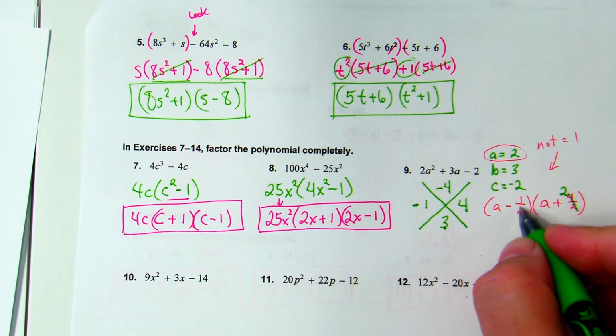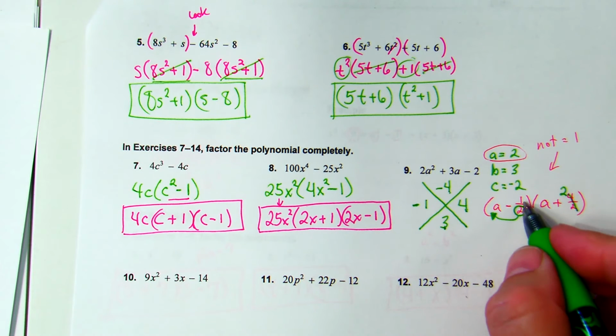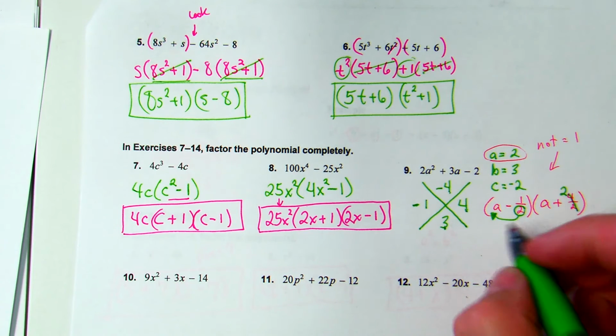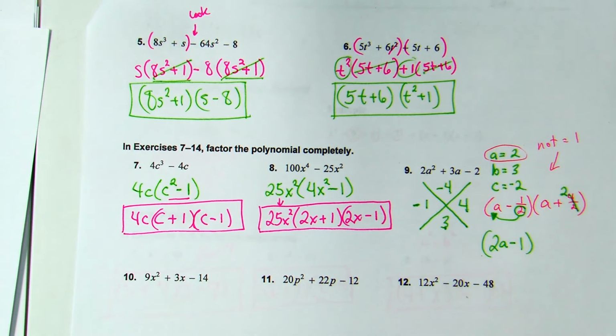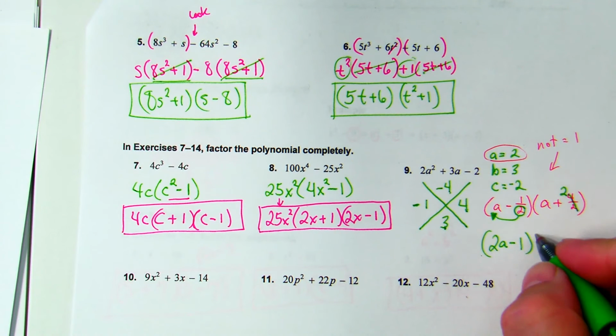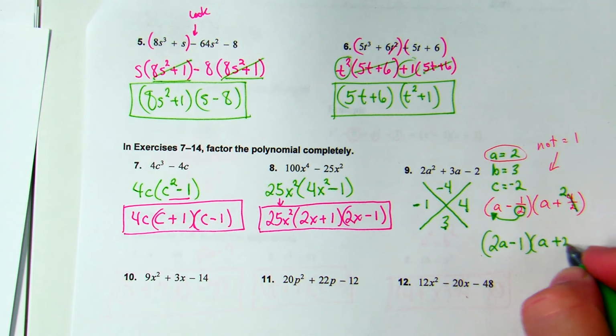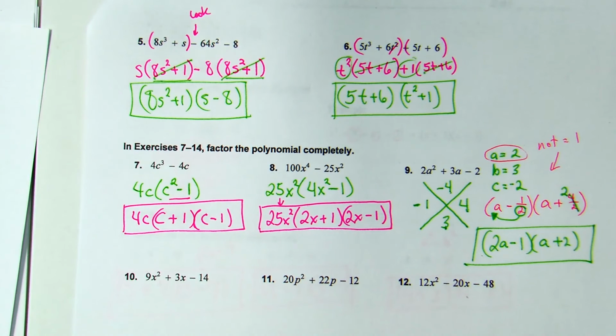Since this is simplified as far as it'll go, remember we're going to take the denominator, move it to the front, and then just eliminate the fraction, leaving the top. So we're going to have 2a minus 1 for the first factor. And this is already reduced to a 2, so we don't have to do anything with that one. We'll just have a plus 2 for the second part. Okay?